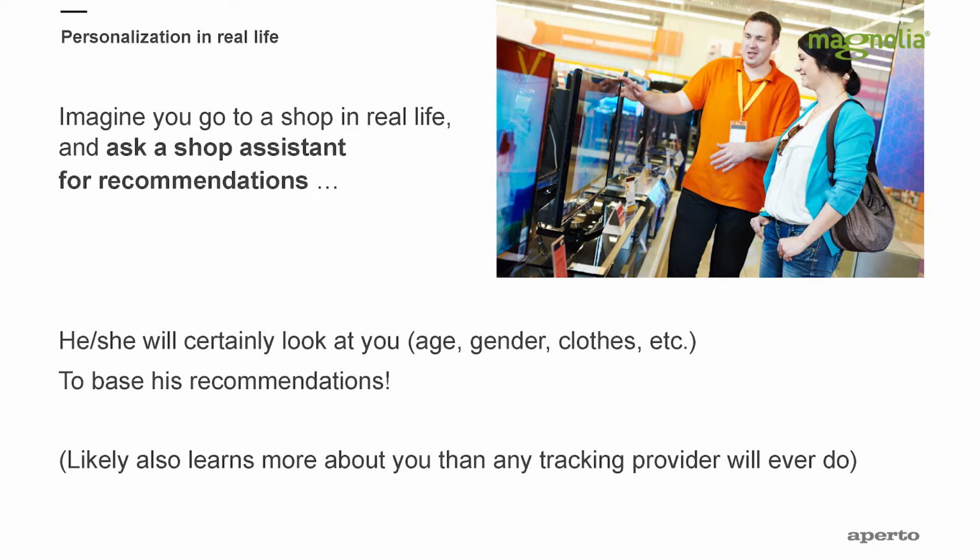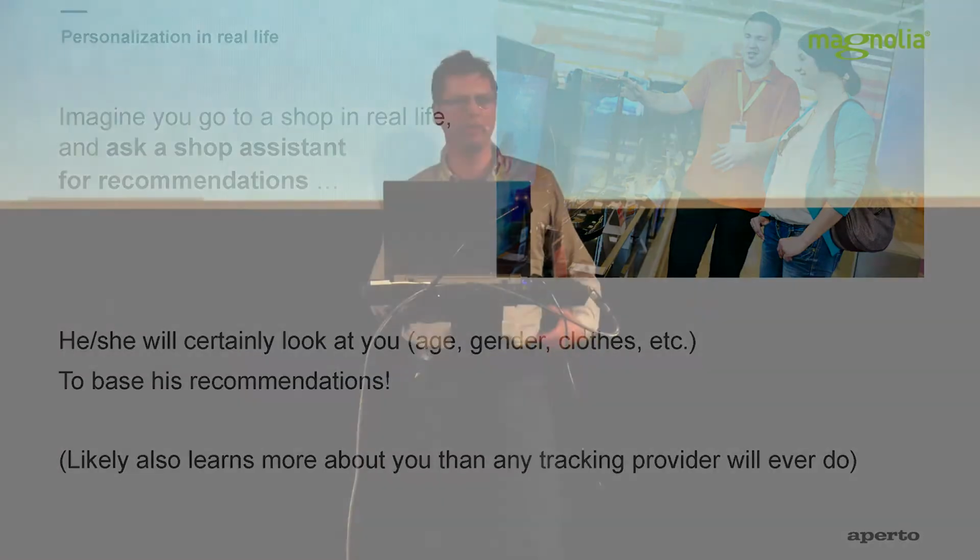Especially in cases of e-commerce where you want to actually sell something, I think the neutral word for that is conversion rate on your website. And when you do things like tracking user behavior or try to get some information about the user to be able to recommend more suitable products for them, then I like to see the same thing in real life, which would be that you simply go to a shop and talk to a shop assistant.